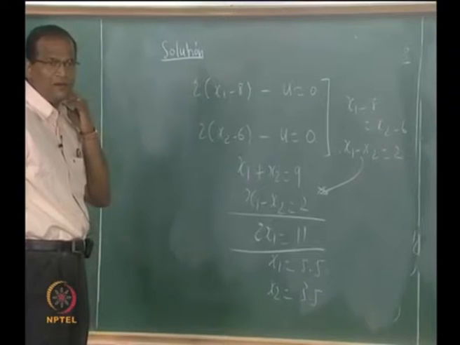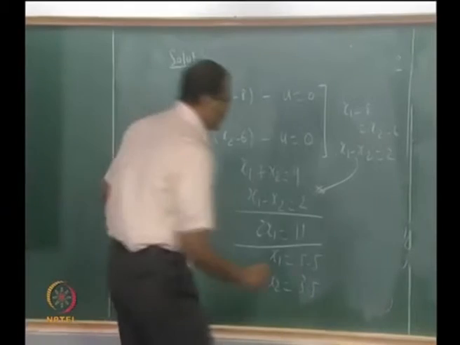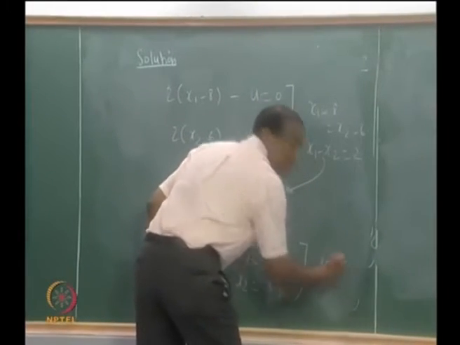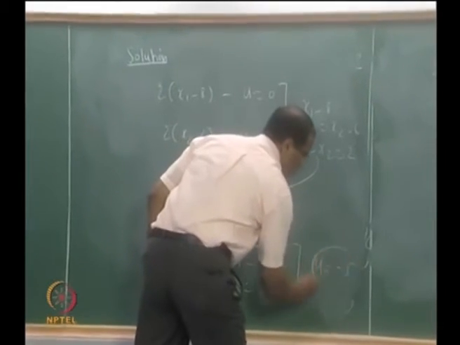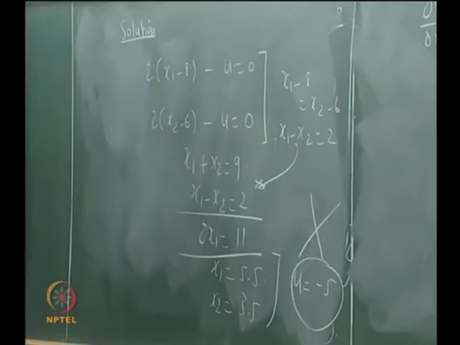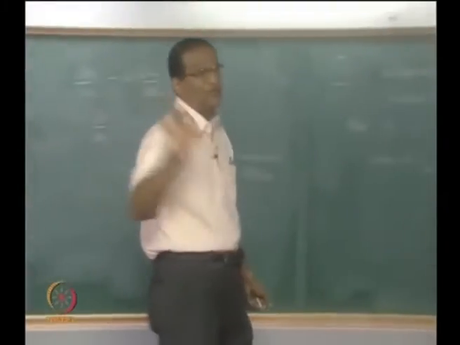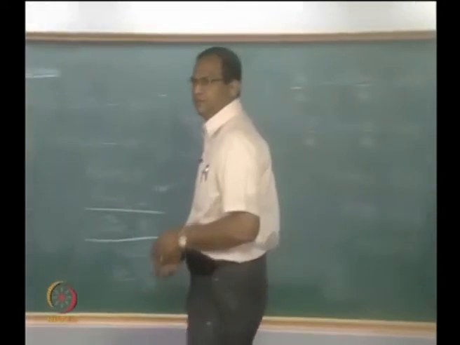Sampath? Fine. What is u? U is minus 5. Totally wrong. U cannot be negative. That is a KTC. Therefore, your original assumption that psi is an active constraint is incorrect. Therefore, psi does not affect the solution to this problem.